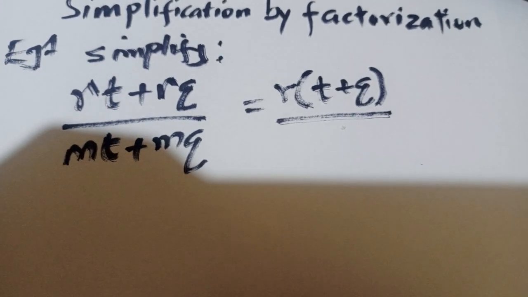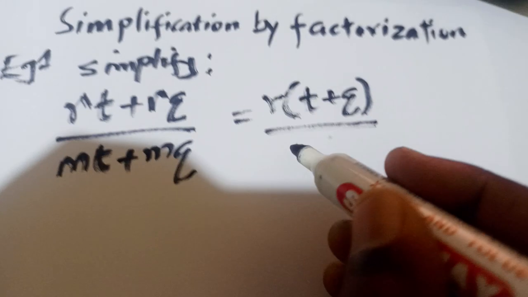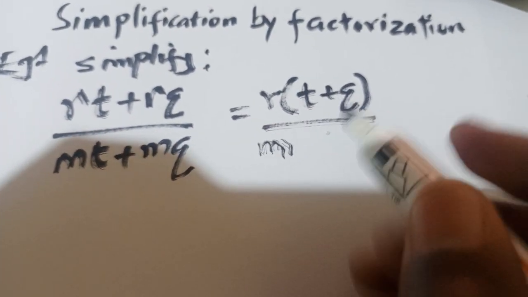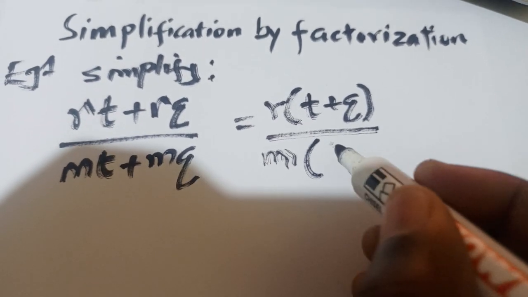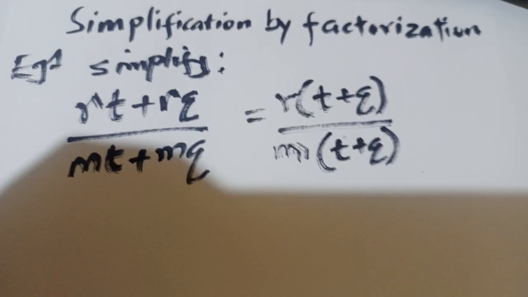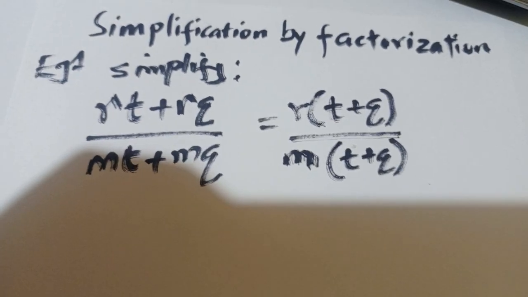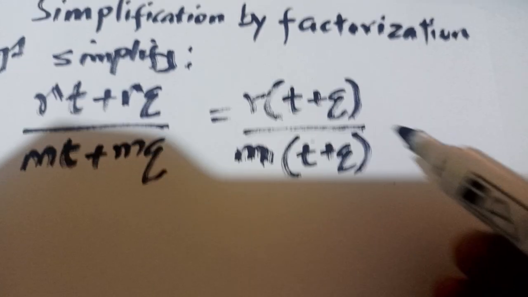Again, we look for a common factor. In this case, you can see it is M. So we have M times T plus Q. So we factorized the denominator just as we did with the numerator.